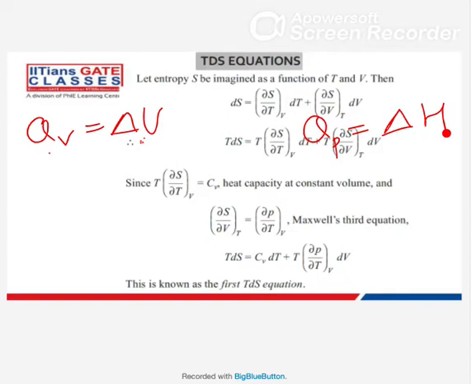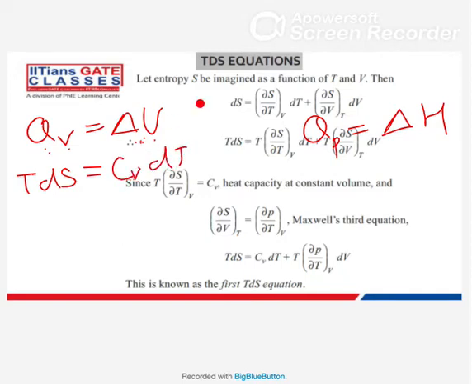Now all these things are happening reversibly, so heat transfer can be written as TdS, and delta U can be written as Cv dT.